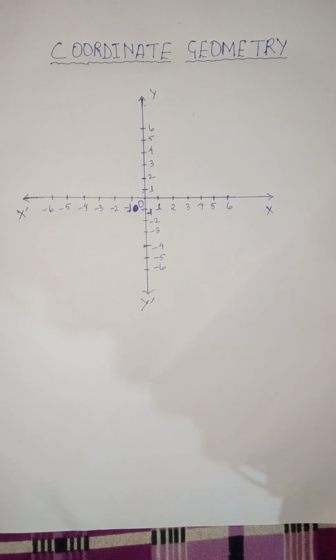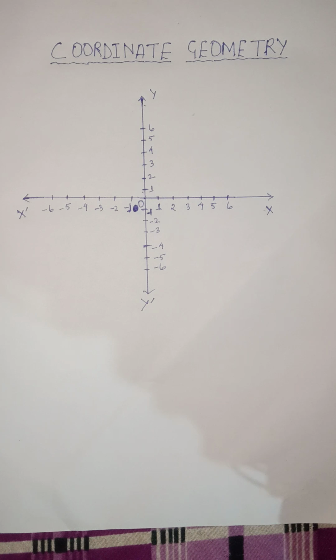What is coordinate geometry? Coordinate geometry is that branch of mathematics in which it treats geometry algebraically.